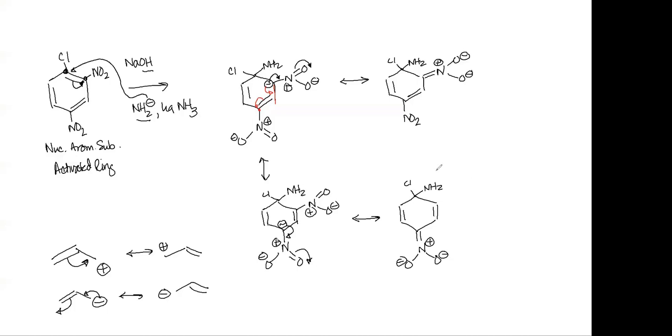And the ability to draw 4 resonance structures makes this intermediate more stable because of all the different resonance structures. So that's what's going to make this an activated ring.